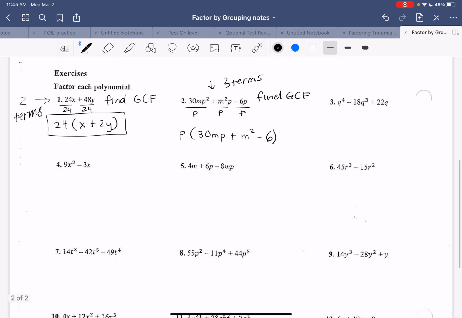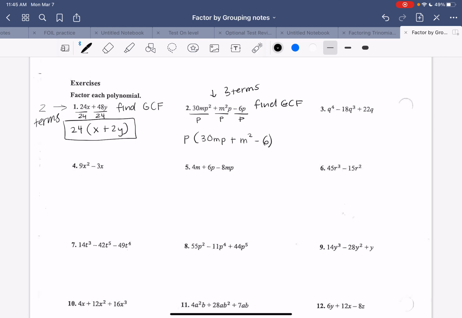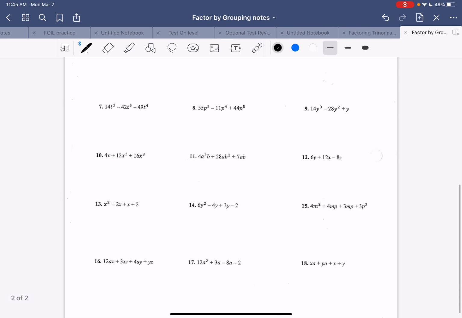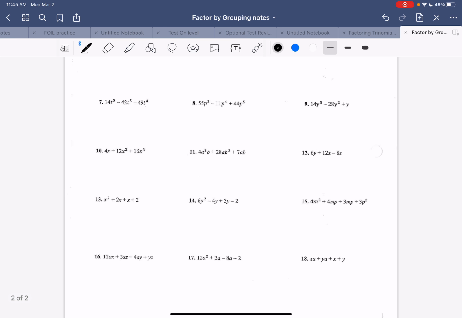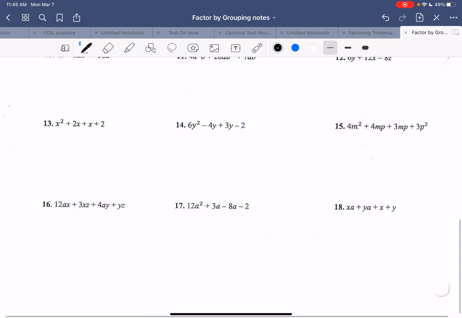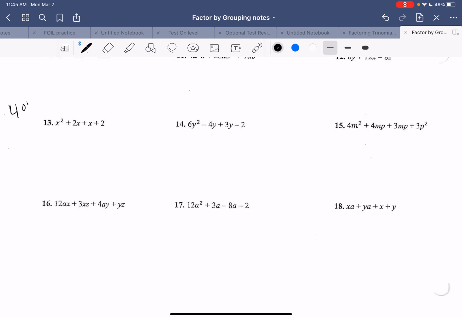And so what we're going to be focusing on, though, are problems that have 4 or more terms. So those are going to be towards the bottom, starting with, looks like problem 13. So like 13 through 18, those are going to be the ones that have 4 or more terms.